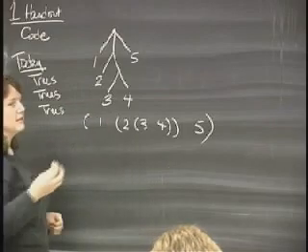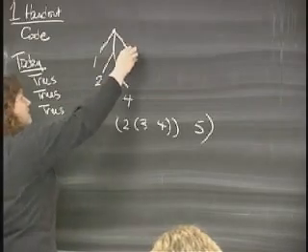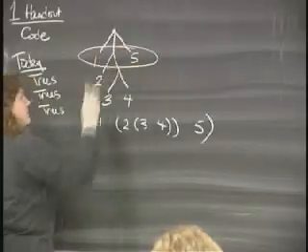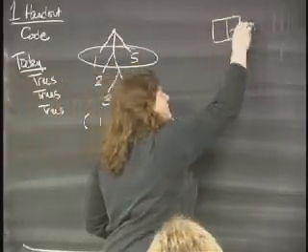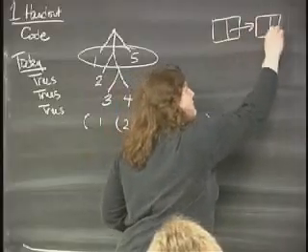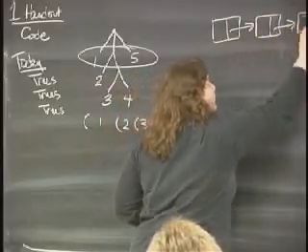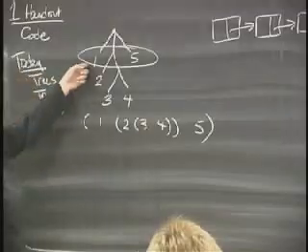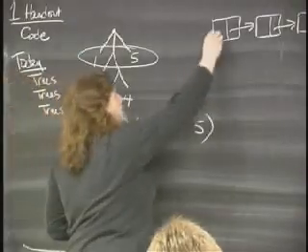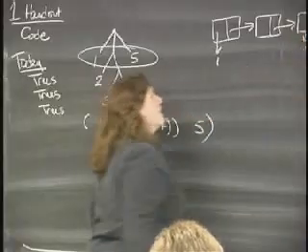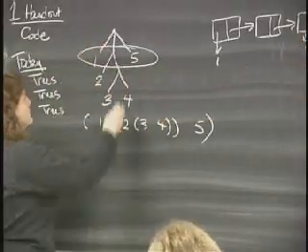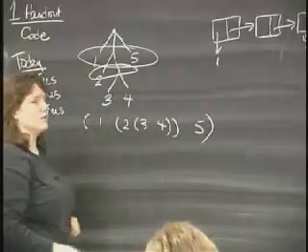Okay, so the way we can look at this diagram is this here is a 3-element list. First element is 1. Last element is 5. The second element points to a 2-element list.